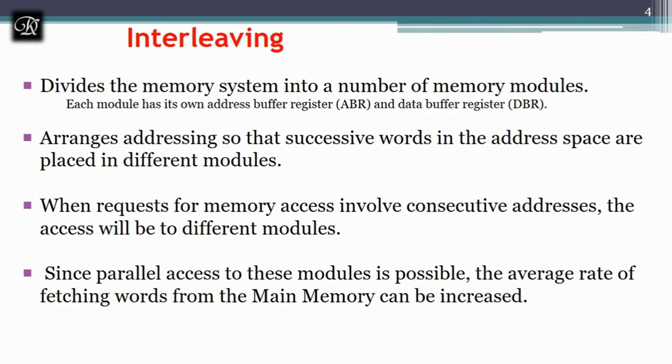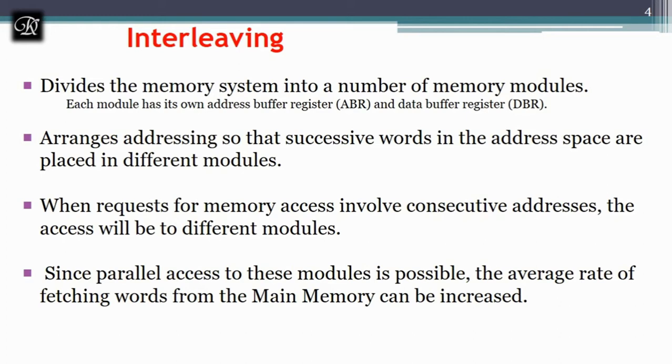We should not add any additional logic to find the successive words. We should access them easily. That is what arranging the address means, so that successive words in the address space are placed in different modules so that they can be accessed in parallel. When a request for memory access involves consecutive addresses, the access will be to different modules.